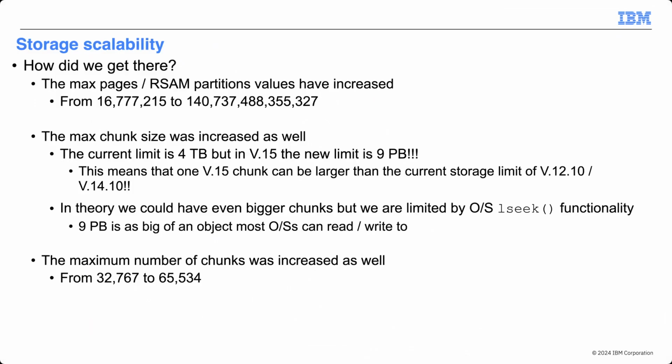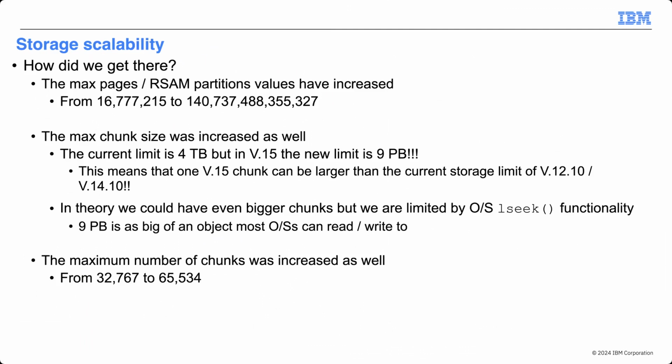It's now 140 trillion pages that you can have in a single partition, which is just an insane number. Like I said, this is where you start running into a condition where you may have a partition that's just too big to manage. Yes, you can have 140 trillion pages, but do you really want to do that?